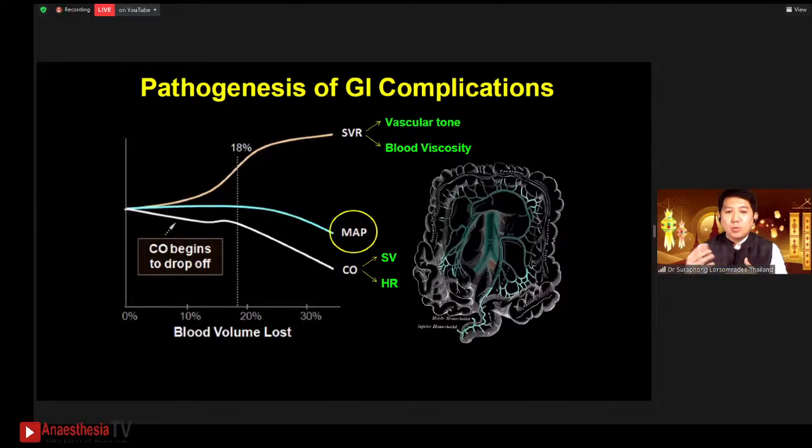But sometimes the blood loss makes the stroke volume go down, and the heart rate cannot compensate. The body tries to compensate by increasing vascular tone to make the SVR higher. That's why every time we have a blood pressure change, mean arterial pressure change, we have to think about 4 factors combined together.